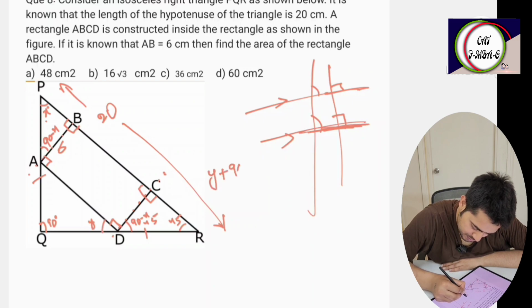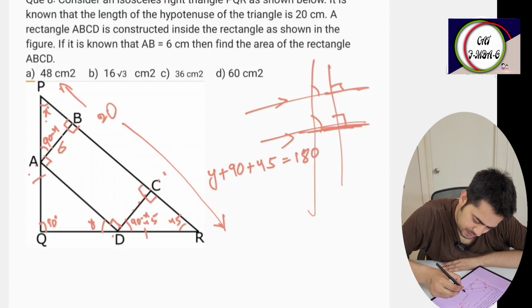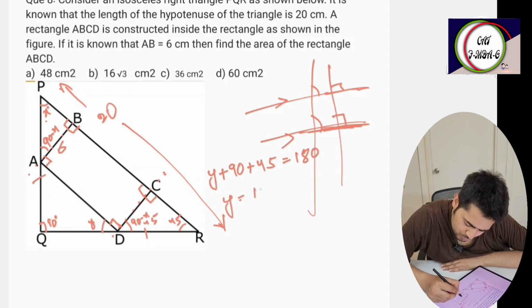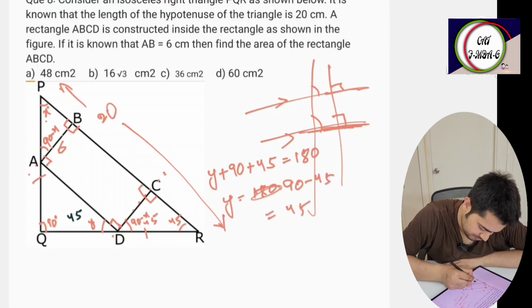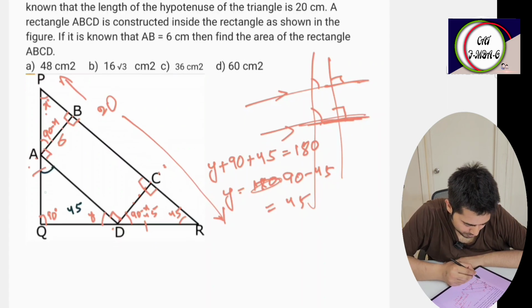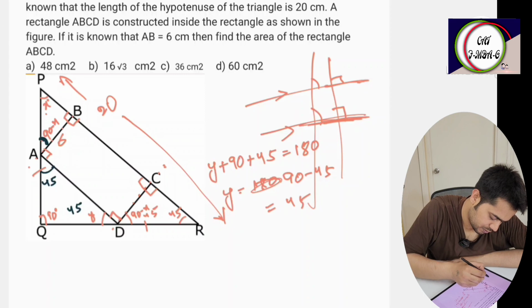So y plus 90 plus 45 is equal to 180. And so y is equal to 180 minus 90 is 90 minus 45. This is also 45. So y is also 45. So this is also 180 minus 90 minus 45. This is also 45. Now this is also 90 minus x. This is also 45.